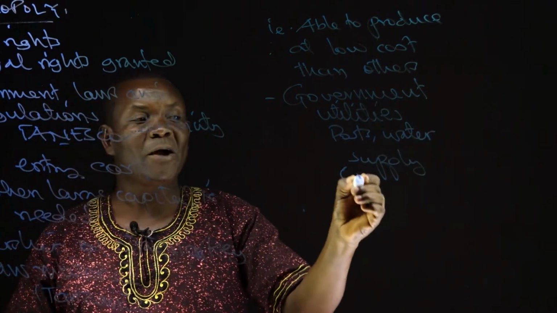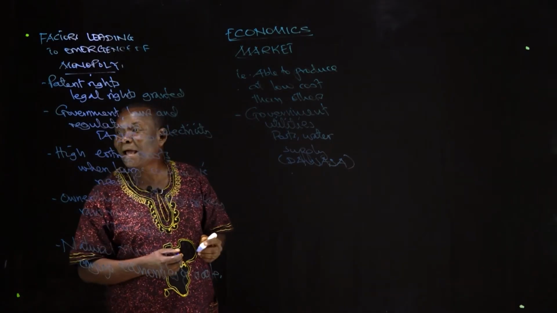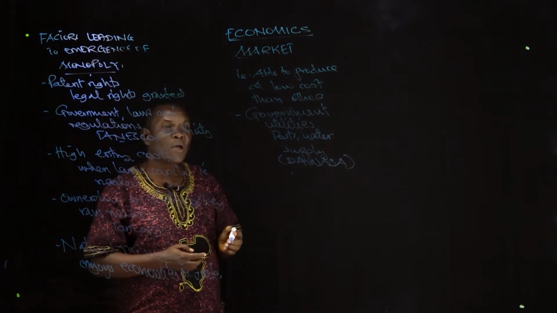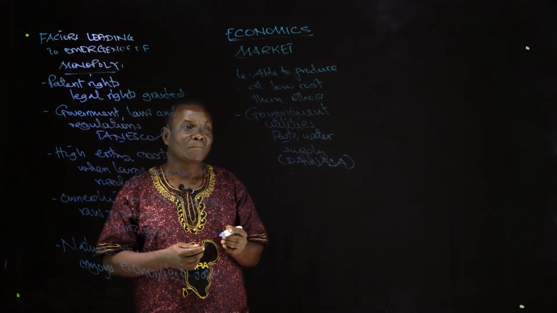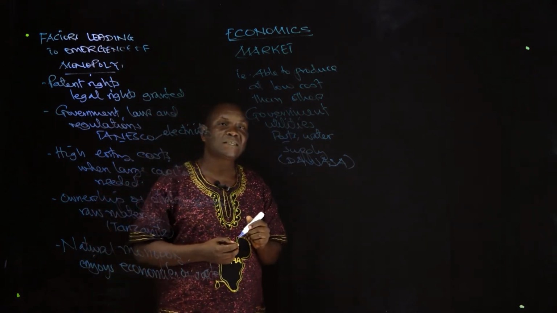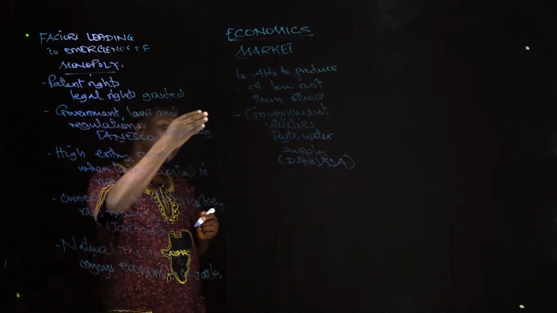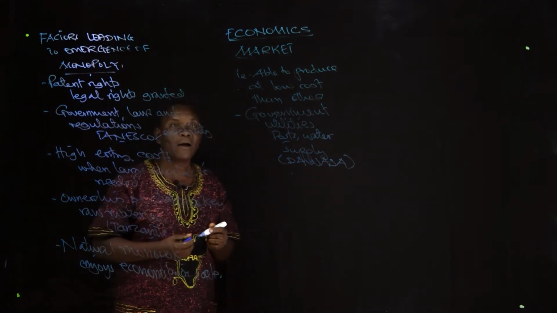In the case of Dar es Salaam, we have DAWASA, the sole supplier of water in Dar es Salaam. We have only one post corporation. That is government utilities. These are the factors which can lead to the emergence of monopoly.